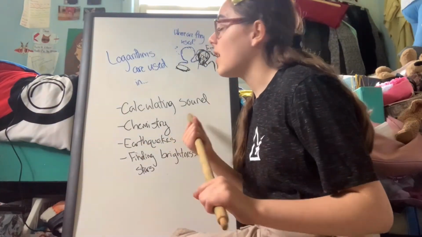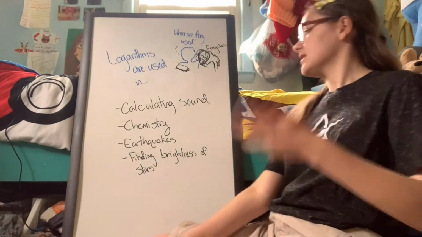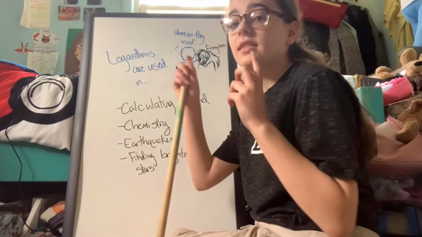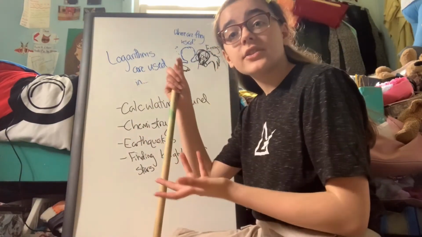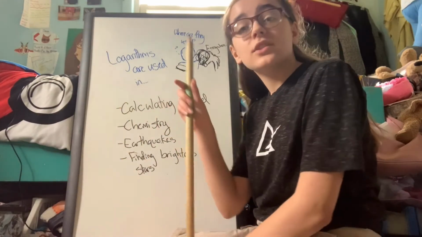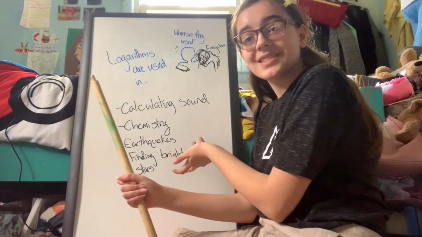So logarithms are really useful to science and scientists for finding these types of things. And they're also good to know in higher algebras and calculus and other higher maths. But if you just wanted to know where logarithms are used, this is where they're used.